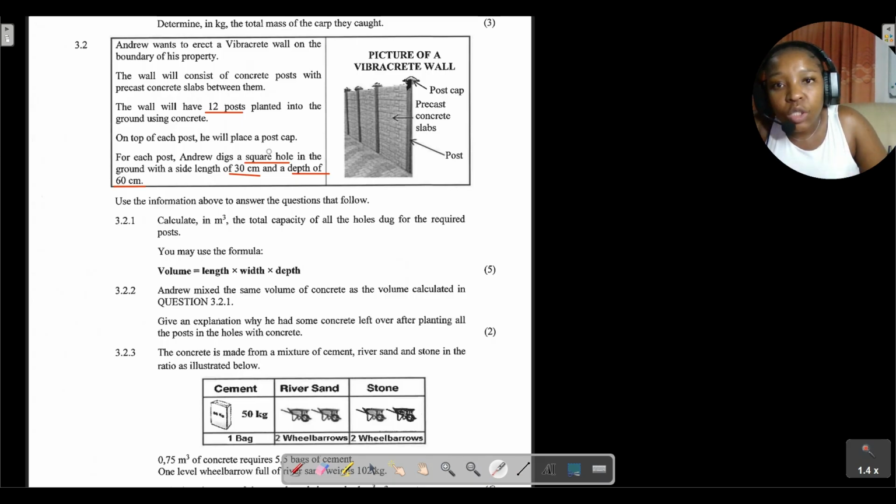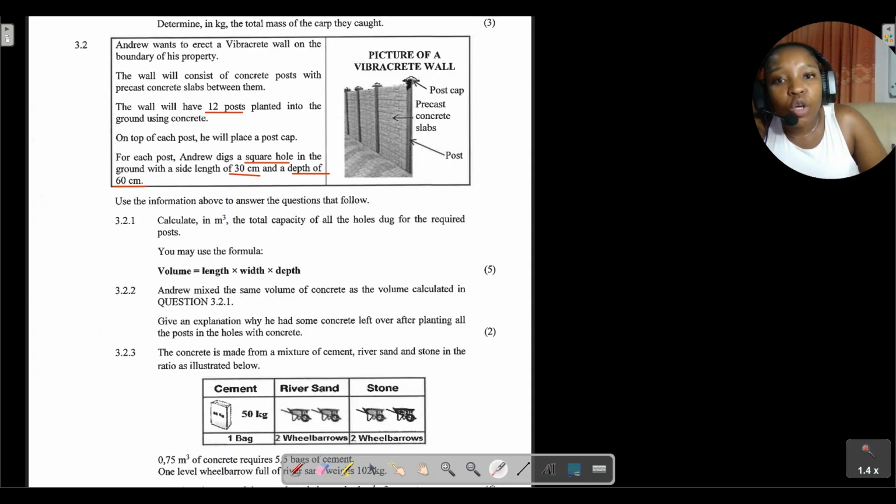They've given us a picture of the vibrocrete wall that Andrew wants to erect on his property. It's very important that we understand when they're talking about a post, they're talking about that rectangular part there. When they're talking about a post cap, they're talking about that part there that looks like a triangular shape at the top.